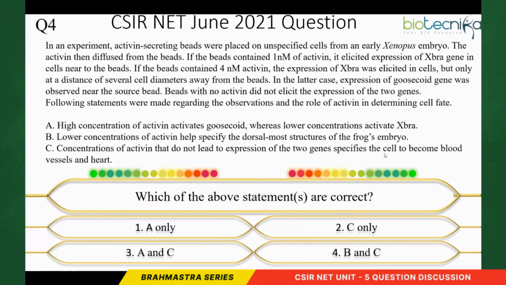This question is regarding activin, goosecoid and XBRA. XBRA is present in the cells which are supposed to give rise to the organizer, and actually XBRA gives the mesodermal fate. Goosecoid will be giving rise to the organizer, the cells expressing goosecoid. So based on that, they have given an experimental question. Try to answer, else I will explain.